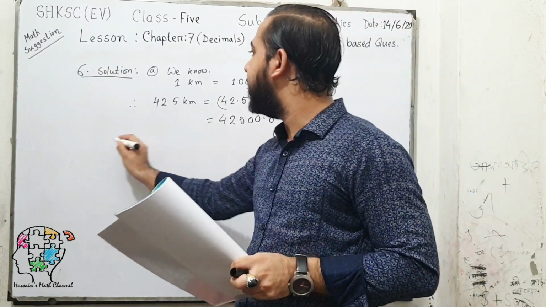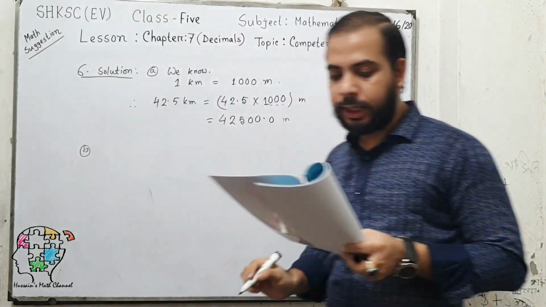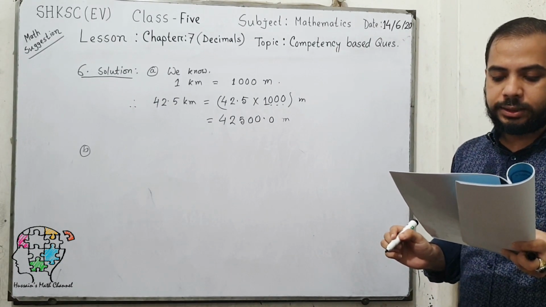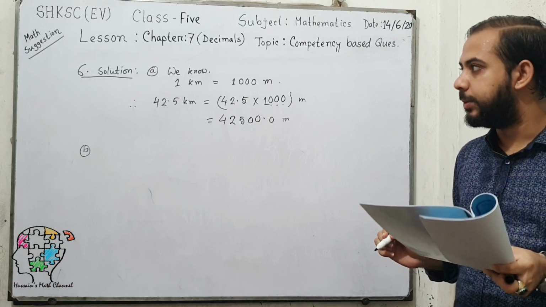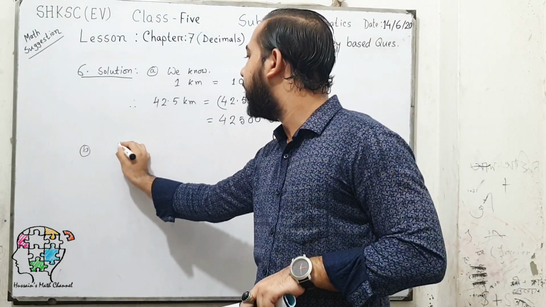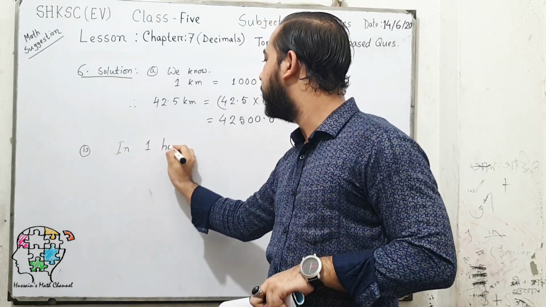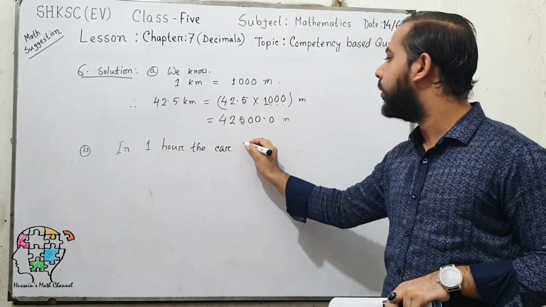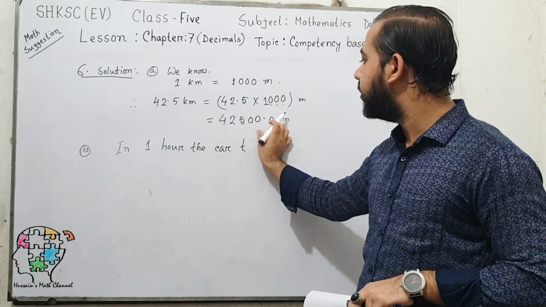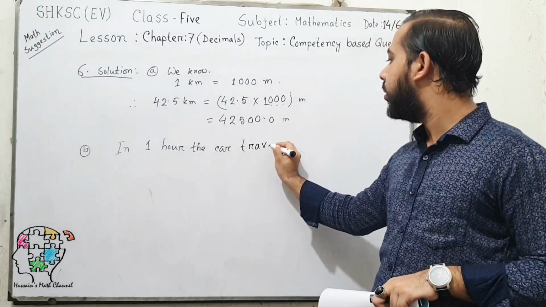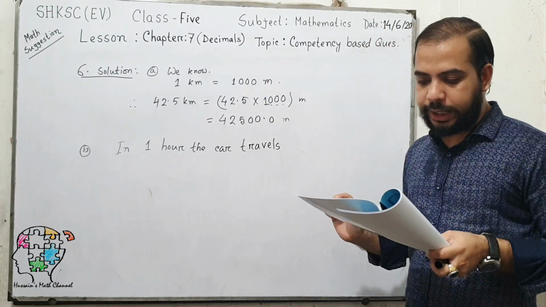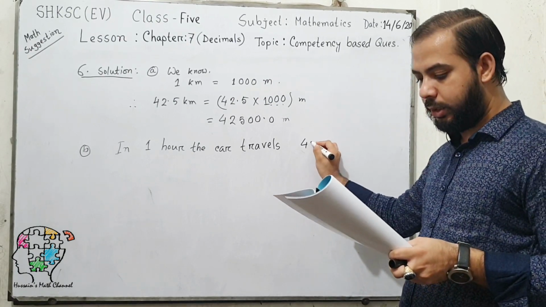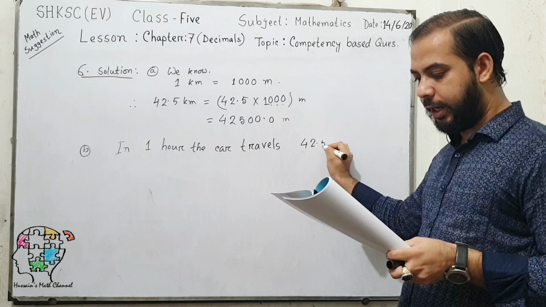How many distance, that is how many kilometers does the car run in 5.25 hours? So you can write in 1 hour the car travels 42.5 kilometer.